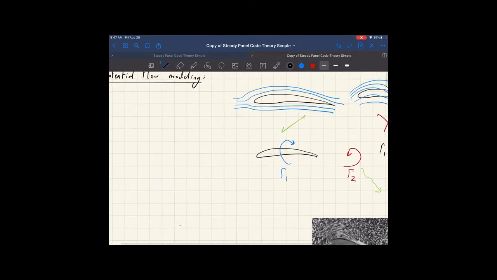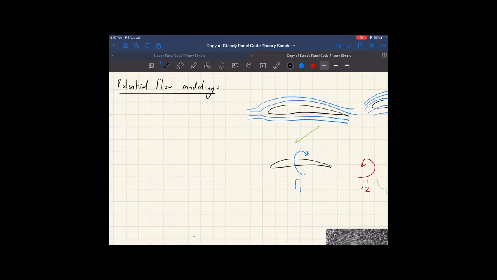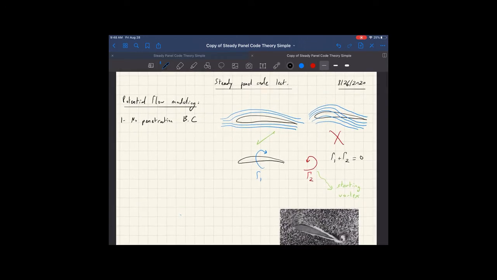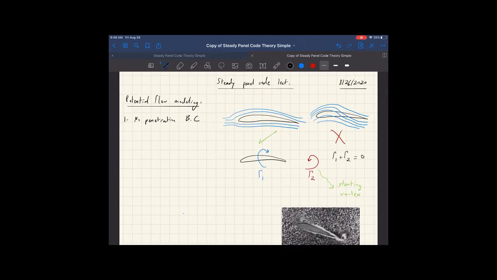To start off, the first boundary condition that you have to meet is the no penetration boundary condition. The no penetration boundary condition basically says that whatever solution of the flow you find, the flow cannot penetrate the wing. On the left-hand side here, for example, you have the streamlines moving along the airfoil, so the flow does not penetrate the wing.